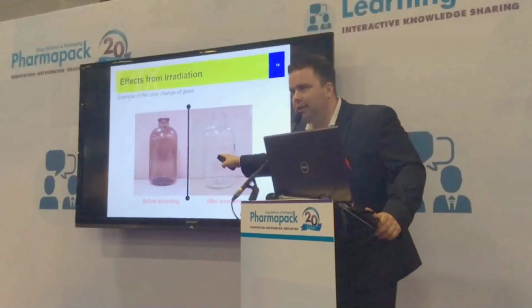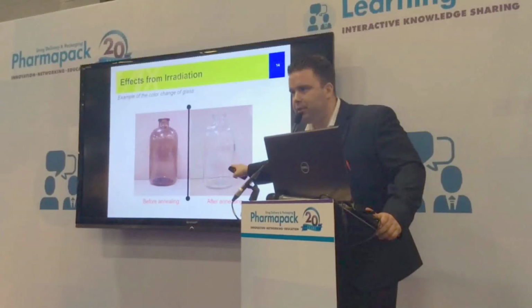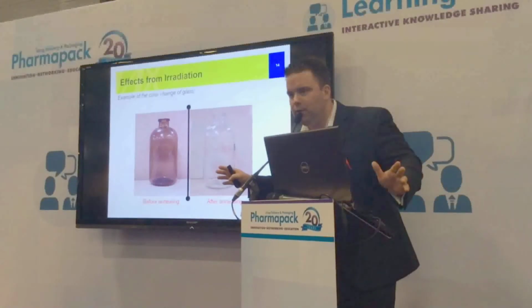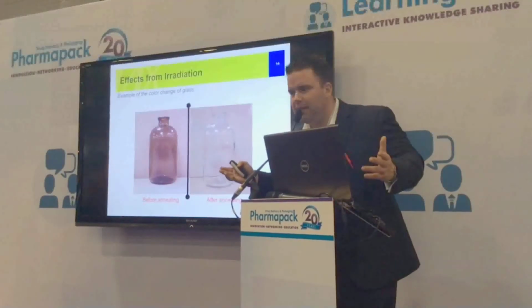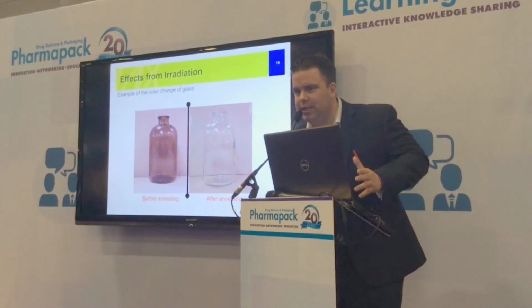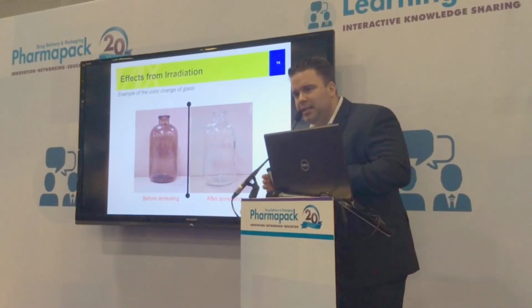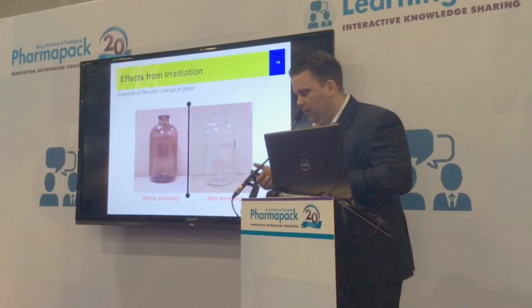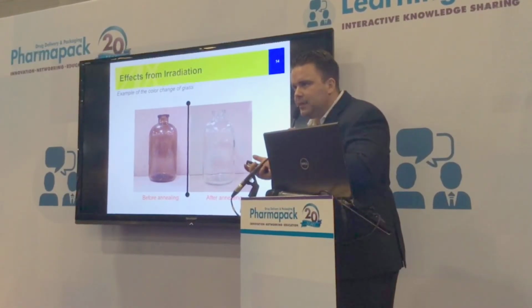What we ended up doing is annealing it at very high temperatures. Now, this is something you would never do. It's just an interesting experiment that irradiation does cause color change to glass, but you can change it back if you anneal the glass. So you may ask, why does that happen?